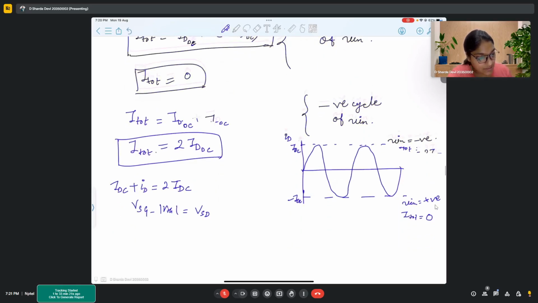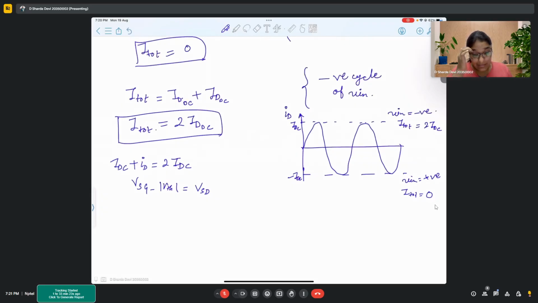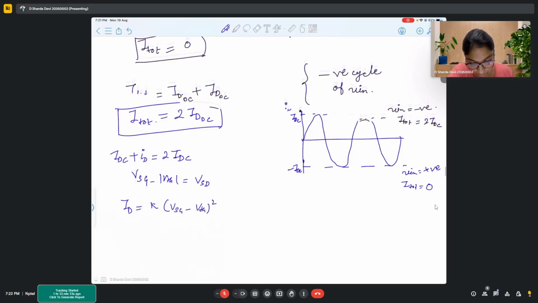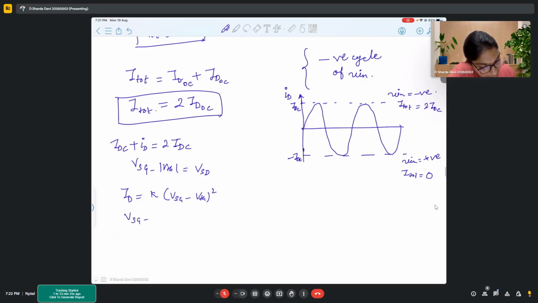This is the smallest possible condition. We know that ID equals K times (VSG minus VTH) whole square. So VSG minus VTH is root under ID by K.